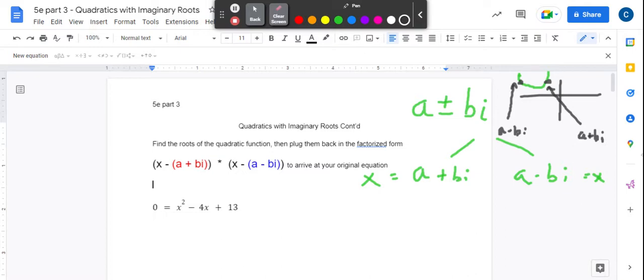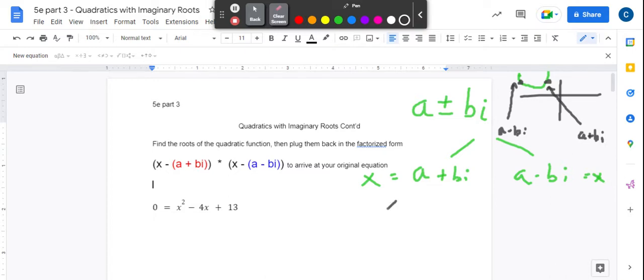So basically, we're going to take the equation apart, factor it out, and put it back together. There are four problems on this. I'm going to do the first one right here, and I'm going to have you do the last three on your own. Now, if x is equal to a plus bi, remember that sets a thing equal to zero.